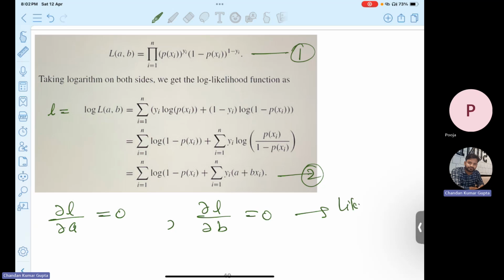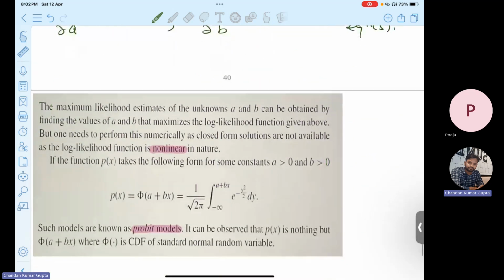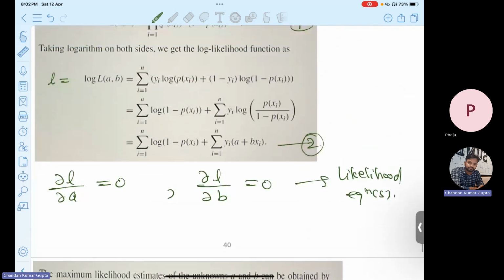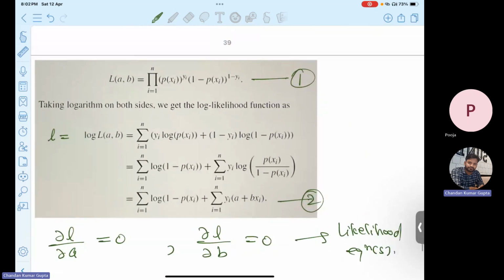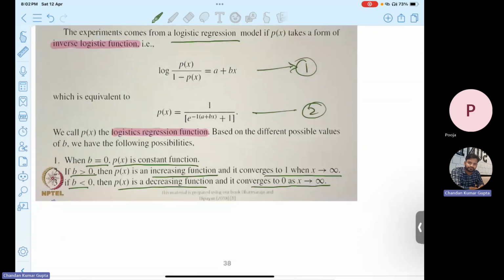These are the likelihood equations. With the help of these likelihood equations, we are able to solve for the estimates of a and b, which are written in equation 2.